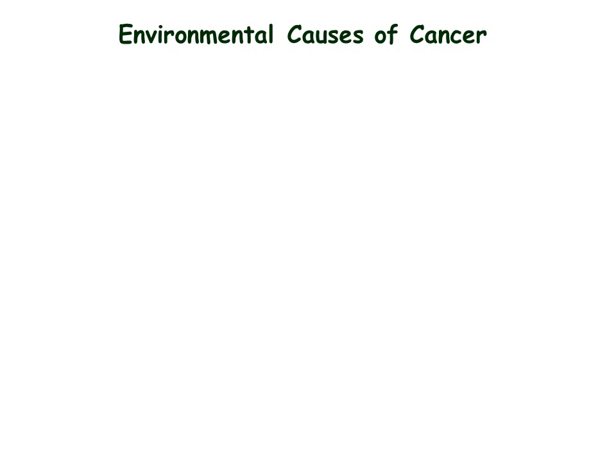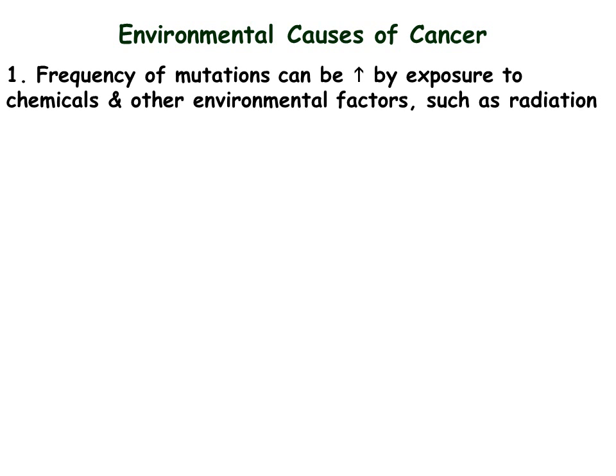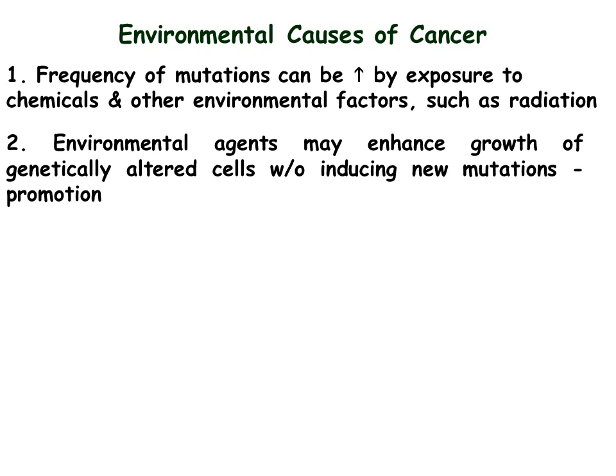While our risk of developing cancer increases when we are exposed to chemicals and other environmental factors such as radiation, which just increases the frequency of mutations. Now, environmental agents, though, may not actually induce a mutation, but they can enhance the growth of cells that were altered without inducing new ones, and these are called promotion.